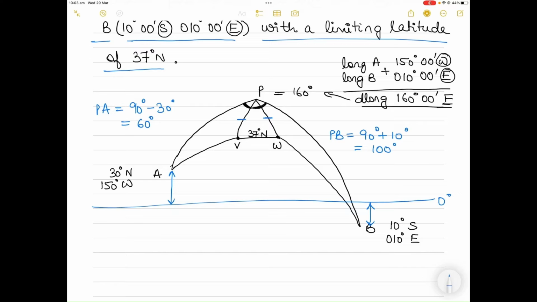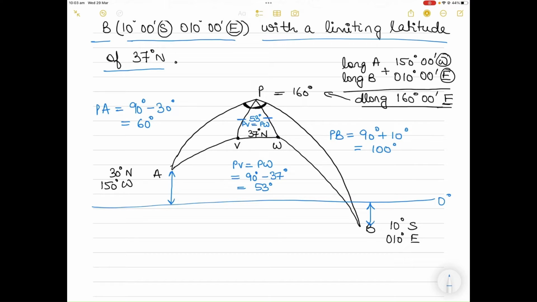And similarly to PA, PV and PW would be 90 minus 37, which is 53 degrees. So PV equals PW, which is equal to 90 minus 37 degrees, which is equal to 53 degrees.